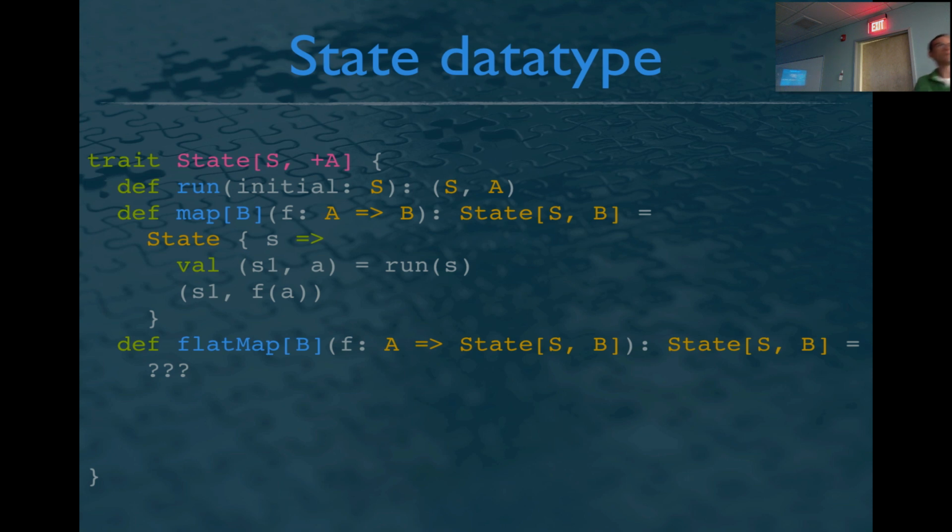If you're not familiar with the syntax, State open brace is just syntax where I'm going to call State.apply and pass it the lambda represented by those braces. The lambda is saying I've got some variable S, and then internally, when the resulting state is actually run, we're going to run the initial state, pass it that initial S, get back (S1, A), and then return (S1, F of A). Okay?